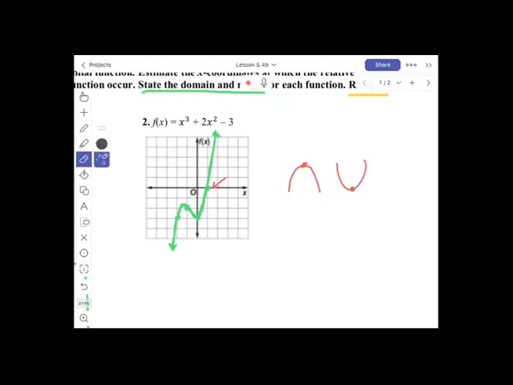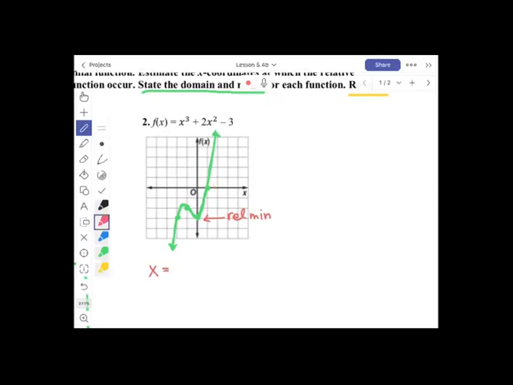So the relative minimum would be 0, -3. There you go. So here, I totally agree. This is a relative min. Now, Yuki, do they ask for the x-axis or the x coordinate or the y coordinate? The x.